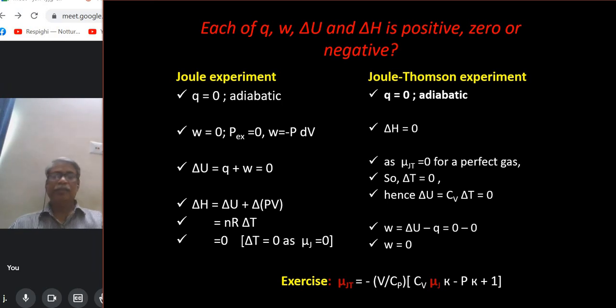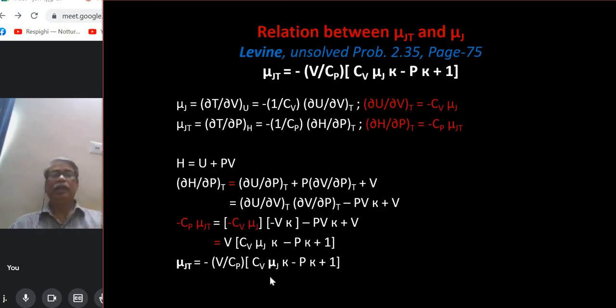And a beautiful exercise is given, the relation between Joule's coefficient and Joule-Thomson coefficient. I have taken it from Levine's textbook, and I have solved the problem. So again, I request you to pause and glance at this slide after you try on your own to find the answer. That slide would help you get the final solution in detail.